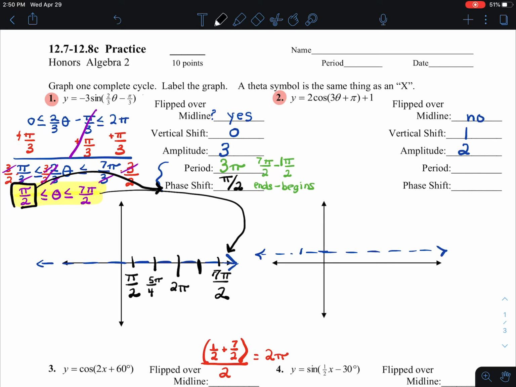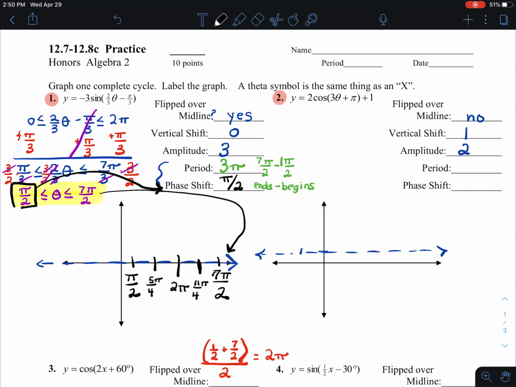And then again, to get the 3/4 mark, that is the average of the middle and the end. So you're typing in 2 plus 7/2, hit enter, divide that by 2, switch it back into a fraction, and you should see 11/4. Attach the pi symbol, you got 11 pi over 4.